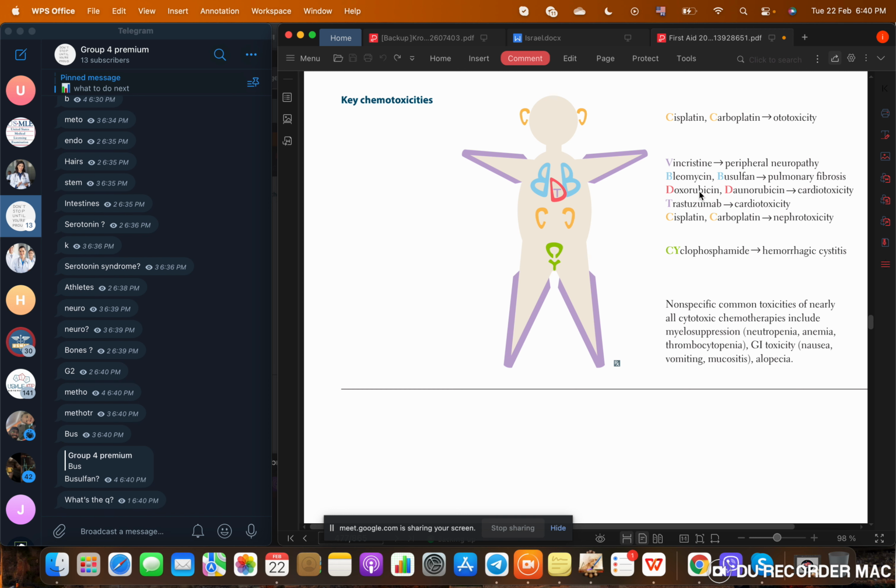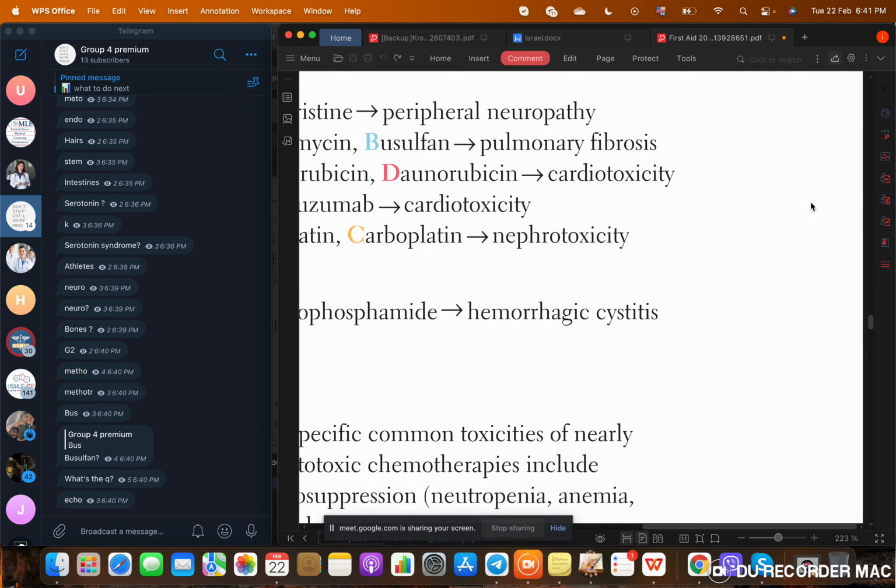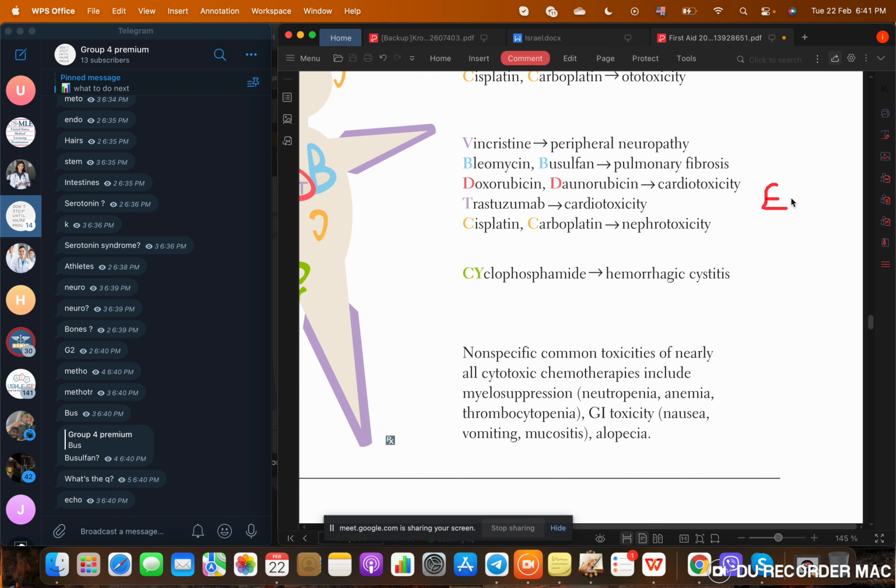For checking for cardiotoxicity caused by the anthracyclines, which are doxorubicin and daunorubicin, which test should you do? Is it an echocardiography? Is it an ECG? Or is it a Holter? The answer is correct. It's echocardiography, by checking the ejection fraction. So basically, it's a way to ask you, how do we check the ejection fraction?